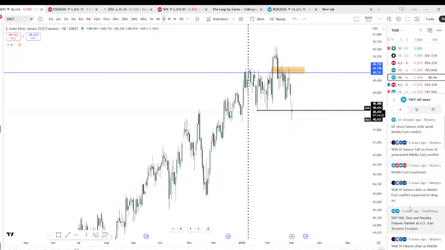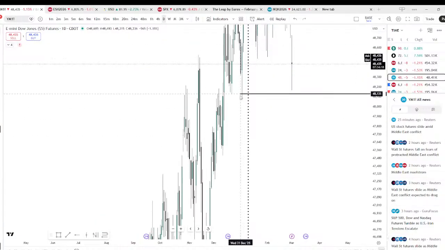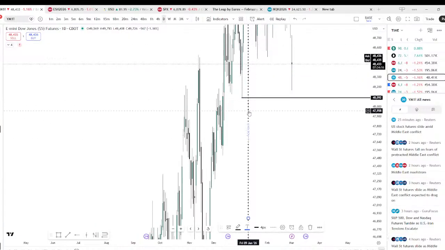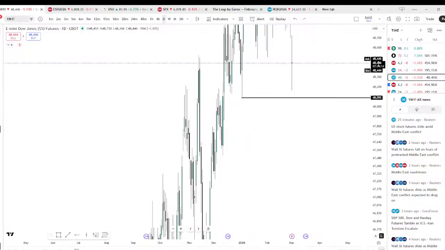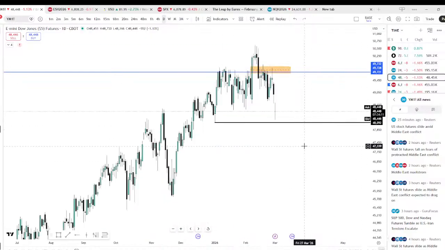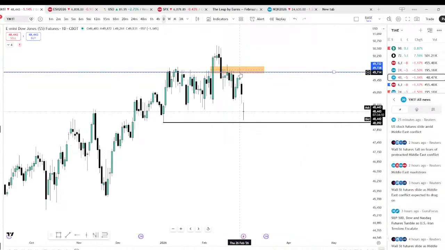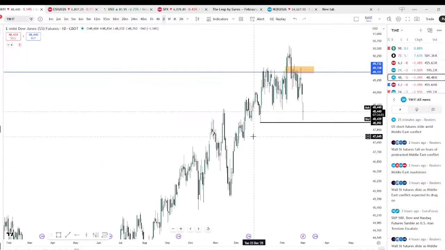I haven't been doing a lot of analysis on that, but probably should keep things active. We use that yearly fair value gap for the break. These have become the levels that matter.